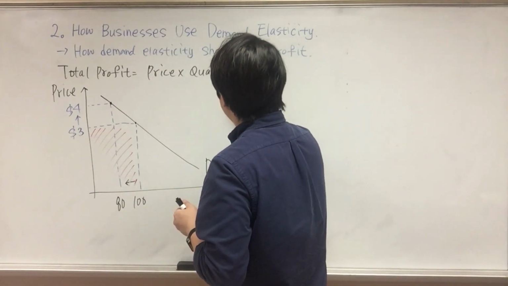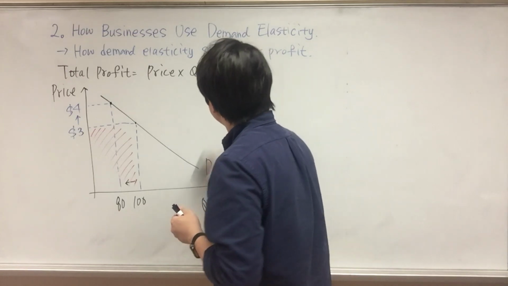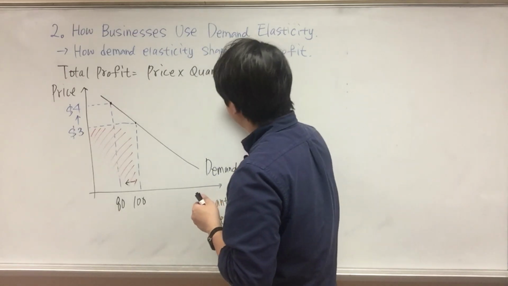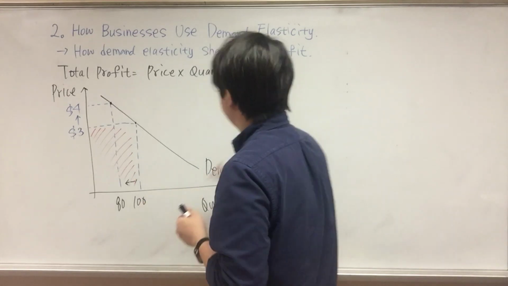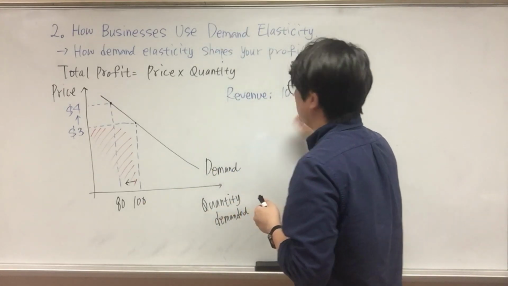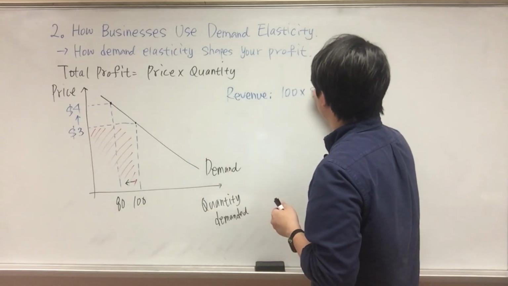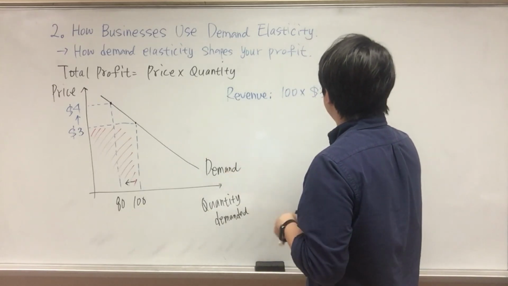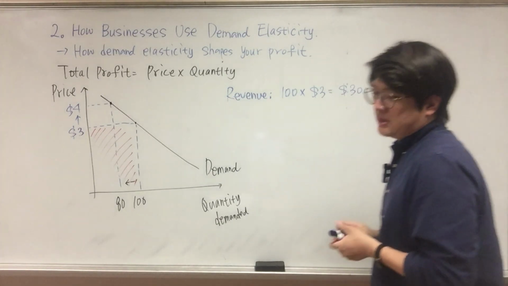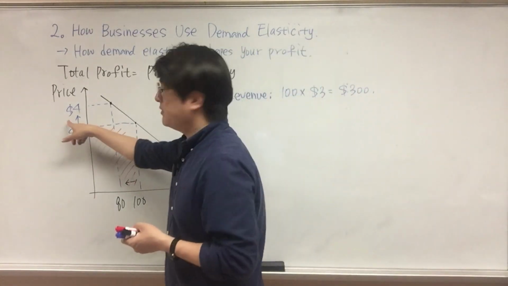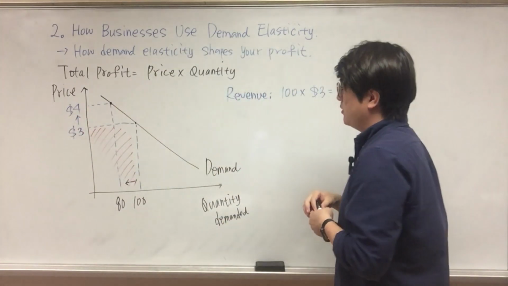At first, revenue is 100 times $3. So total revenue is $300.